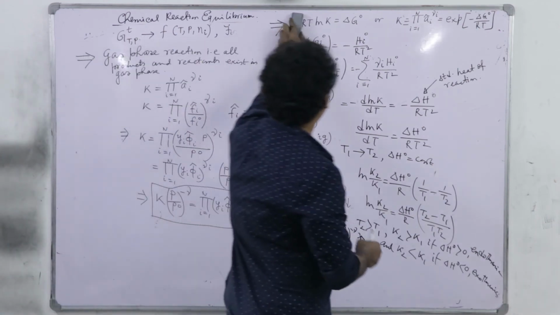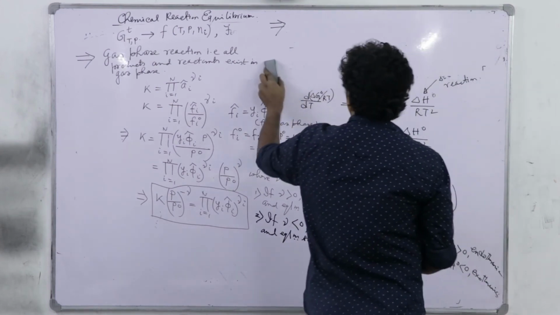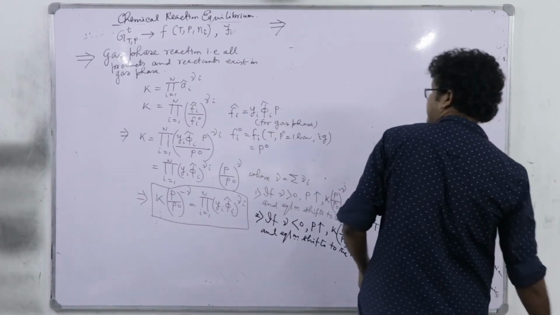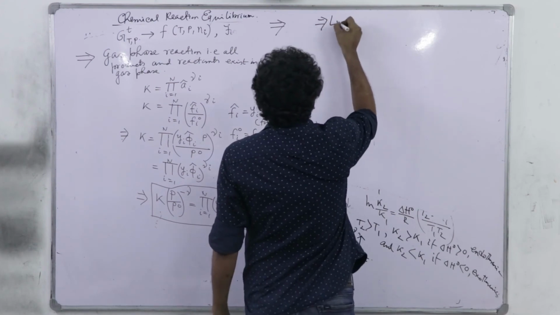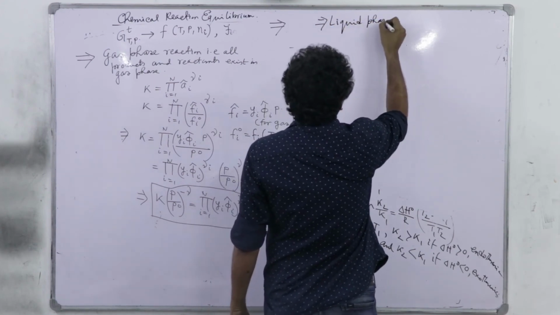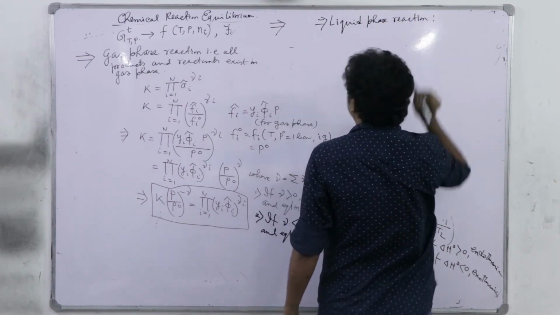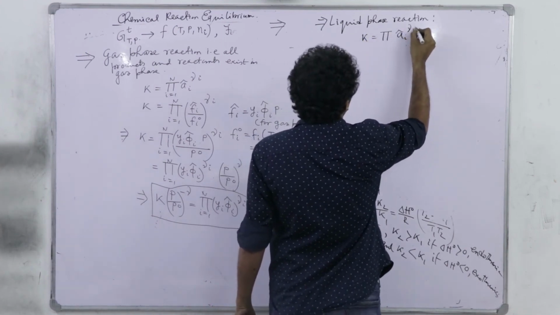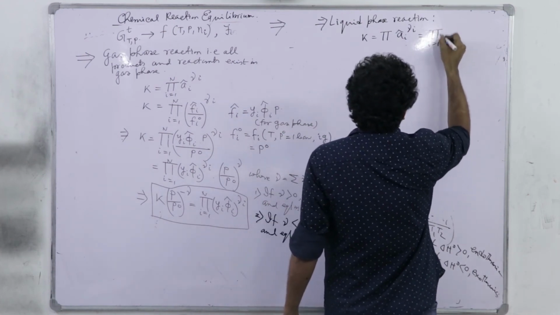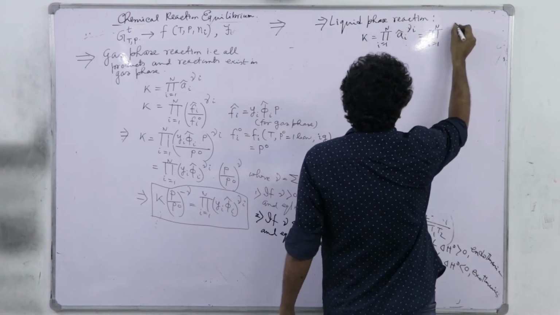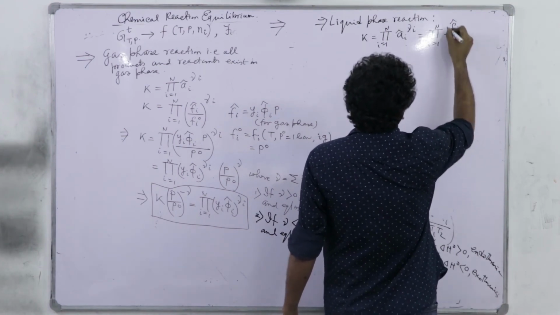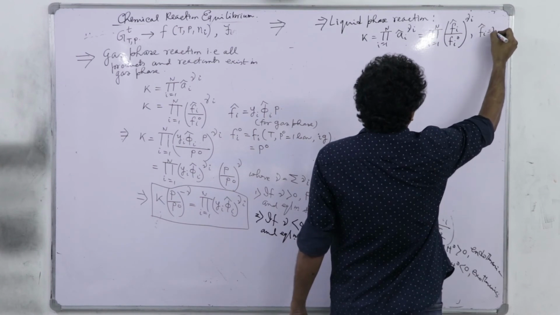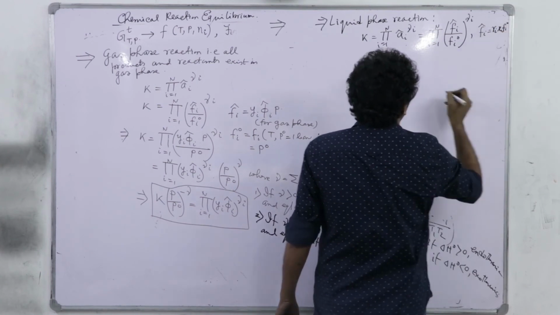Liquid phase is pretty simple. Liquid phase reaction: K is equal to the product of a_i cap to the power nu I, which is equal to f_i cap by f_i naught to the power nu I, and we know this f_i cap is equal to gamma I x_i f_i naught for liquid systems.